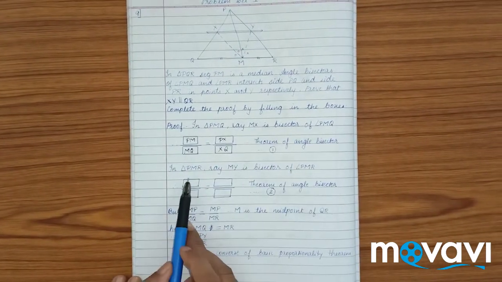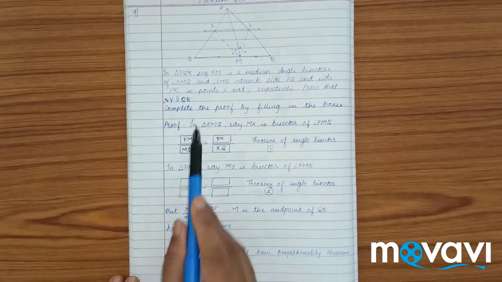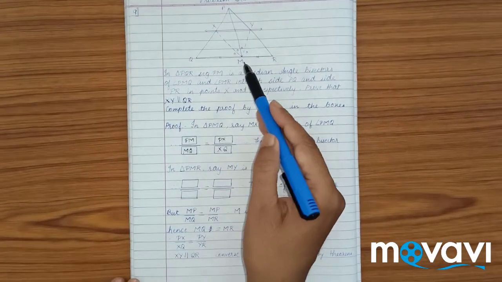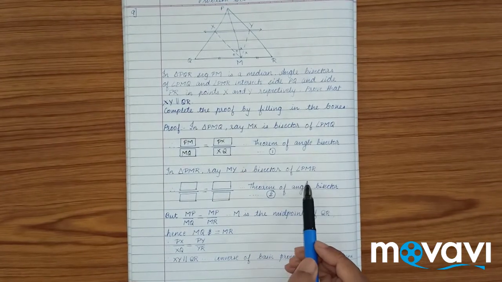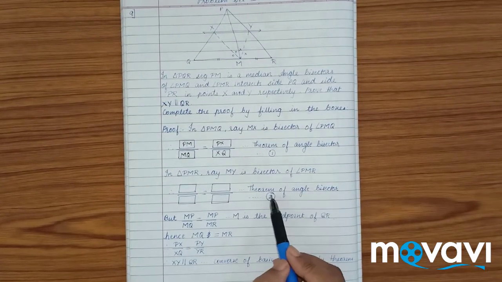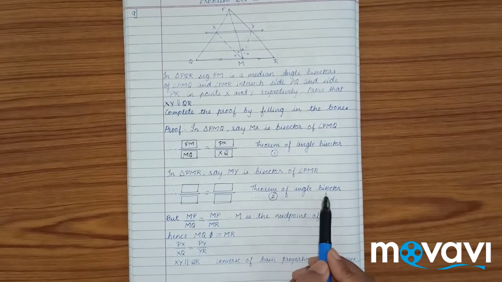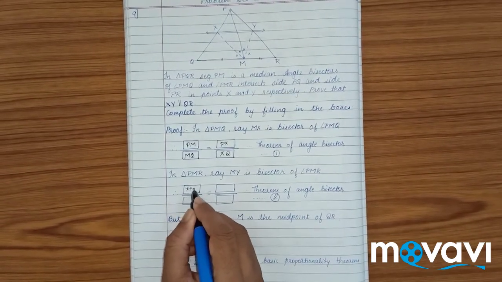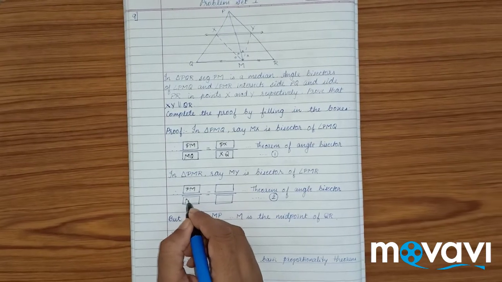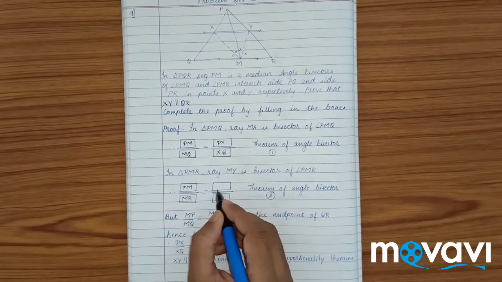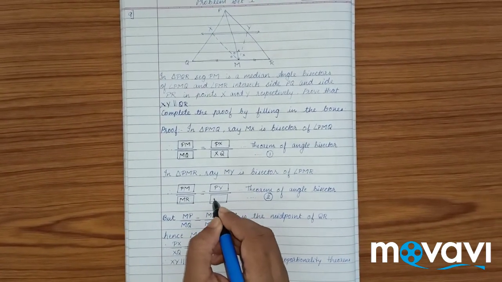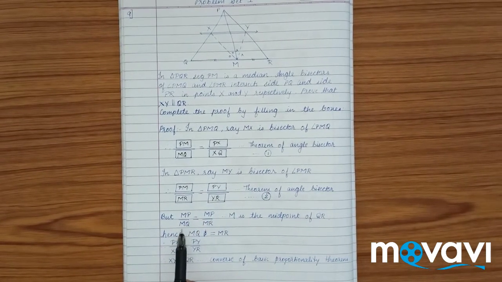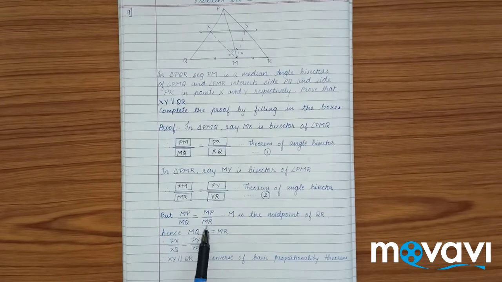Same way in this triangle PMR, again ray MY is the bisector of angle PMR. Again the same way they have used the theorem of angle bisector. So now it will be PM upon MR is equal to PY upon YR. But PM upon MQ is equal to PM upon MR. Why?